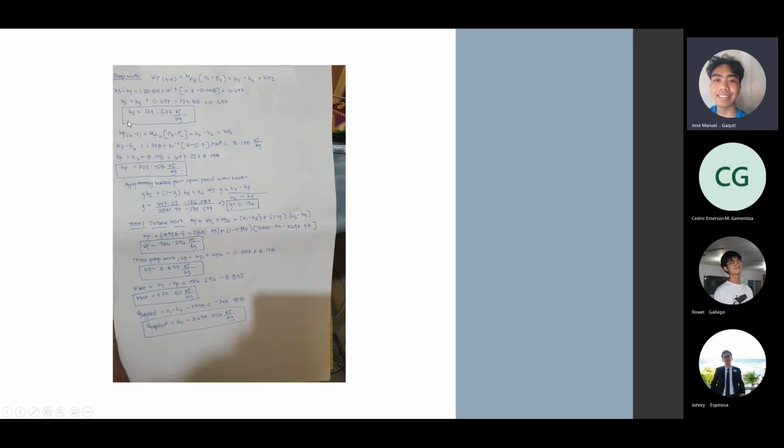This will be the state after the first pump, and this will lead us to the work of the first pump. Then the work of the second pump will involve states 6 and 7. So first getting state 7, we get this 705.358 kilojoules per kilogram.